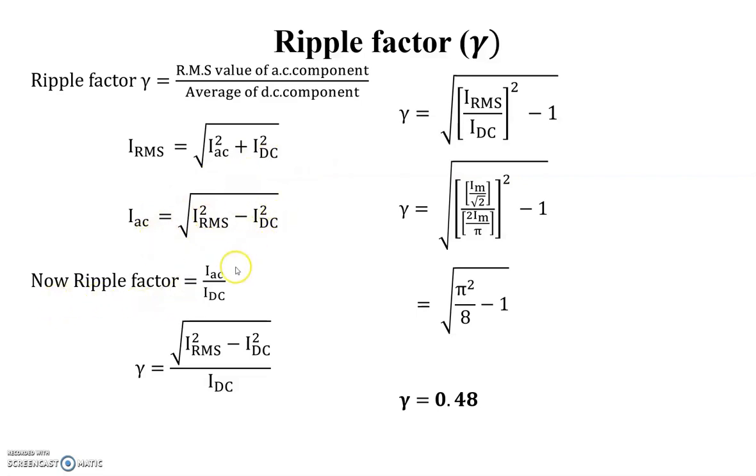Now the ripple factor is IAC by IDC. Substitute IAC in terms of this, simplify, and substitute the values of IRMS and IDC in terms of Im, then simplify again, and finally we get the ripple factor as 0.48. In terms of percentage, 48%, whereas in the half-wave rectifier it is 121%.